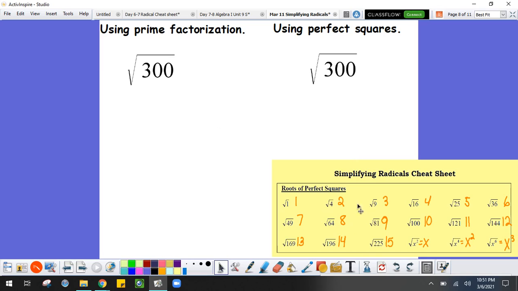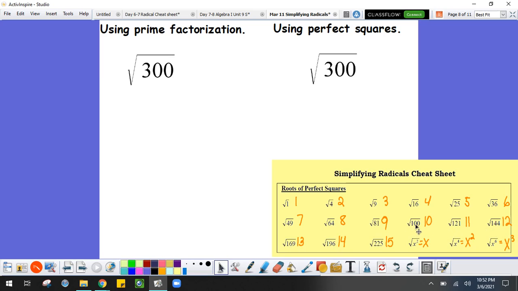I'm going to look at this chart that I have, and there's 225. I don't have anything bigger on my small sheet here. You might have something bigger in your notebook because I skipped a bunch of numbers. I just stopped at 15 here, but I'm going to go backwards. 196. I don't think that goes into 300. 169. 144. Probably not. 121.